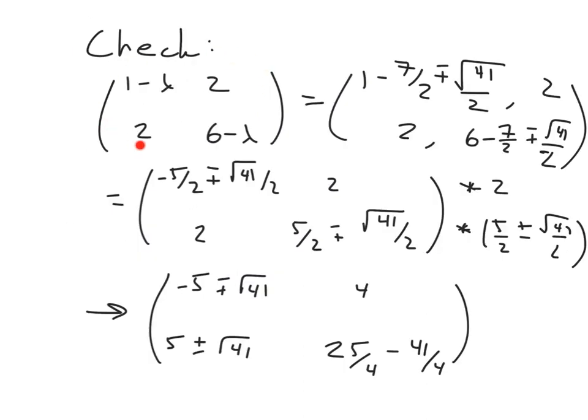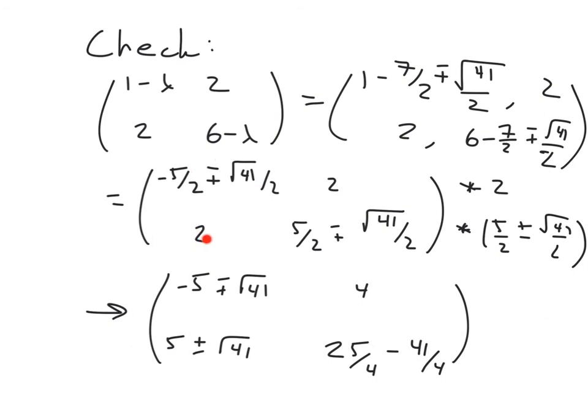Now we're going to check that if we plug in those eigenvalues, we do actually get the singular matrix that we expected. That will confirm that all of our math was correct. So I plug in the eigenvalues, and now I'm going to start a row reduction process. I'm going to multiply this upper row by 2 and this lower row by 5/2 plus or minus root 41 over 2, to try to match the first term in the two rows.